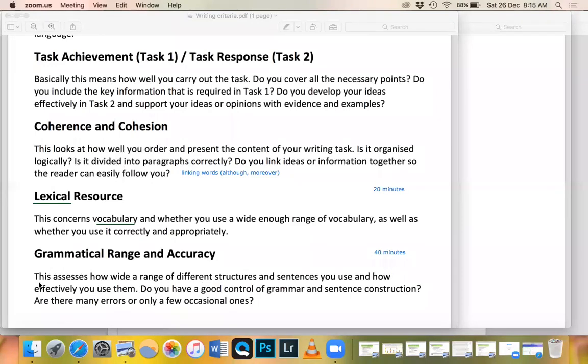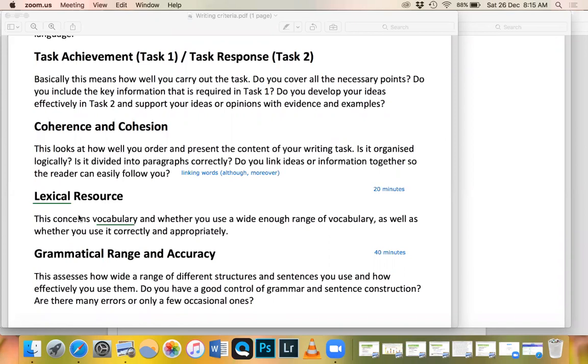And also, can you use them effectively? Also, do you have a good control of grammar and sentence structure? And are there many errors or only few occasional ones? So if you make many errors, you may be getting a band 5 or lower. If you only make occasional errors, this could be a band 6 and higher.